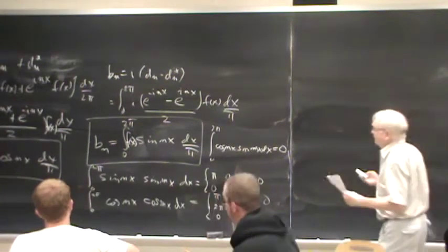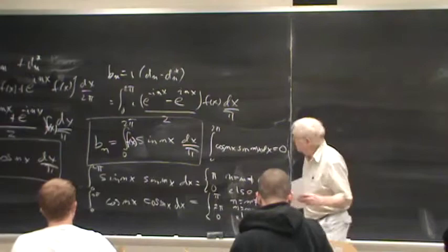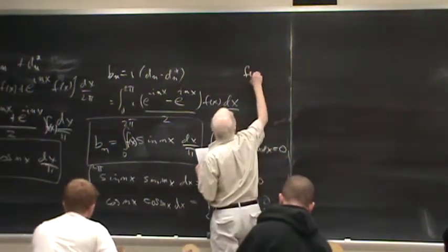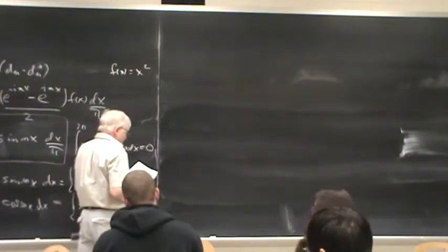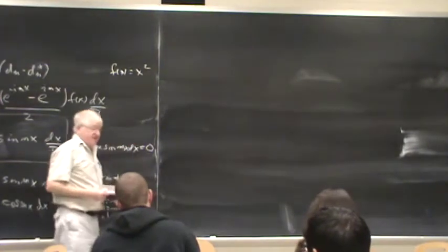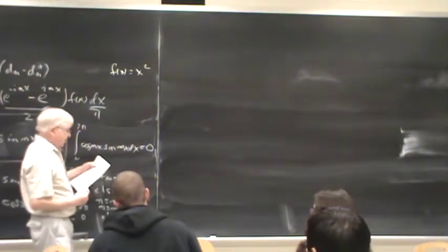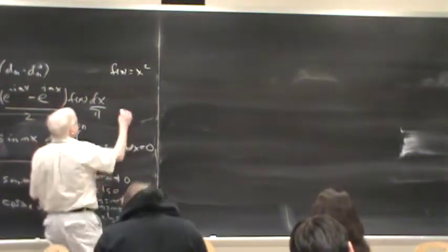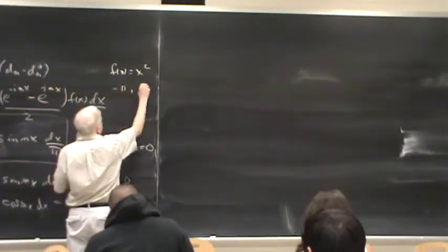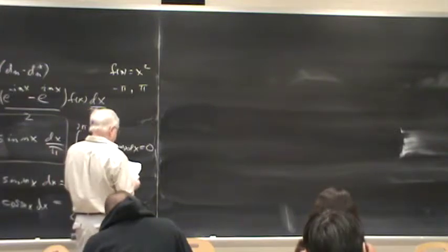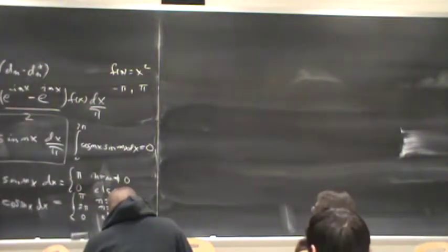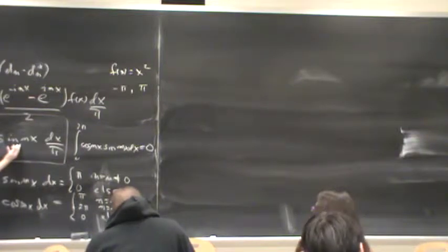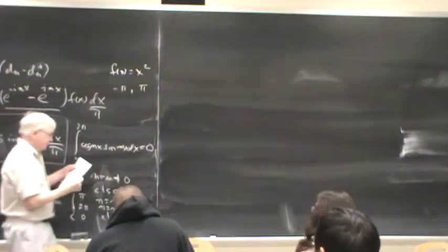Okay, let's look at the Fourier series for the function, say f of x equals x squared, something really simple. All right, well, obviously this is even, so we might as well do the integral from minus pi to pi, and because f of x is even and the sines are odd, on an integral from minus pi to pi, all the b's vanish.